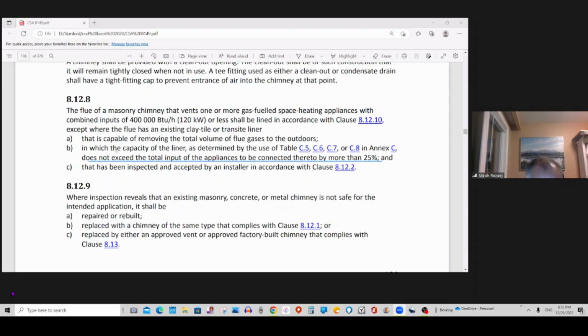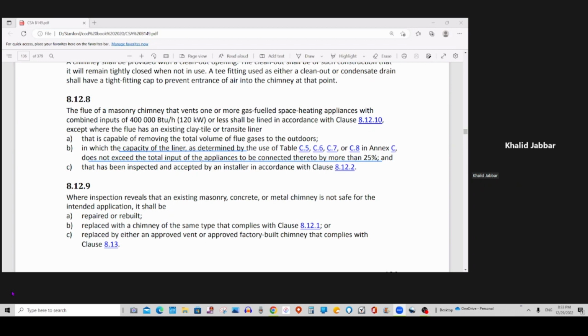In which the capacity of the liner, the capacity of the chimney, you will see. We will practice it.